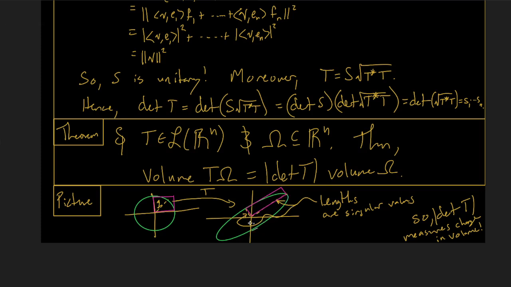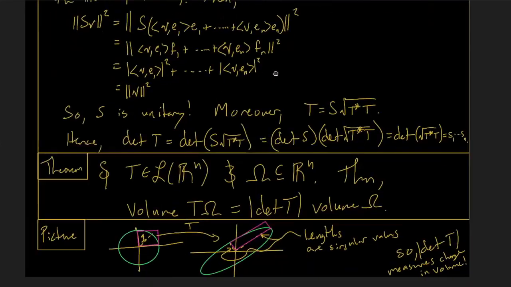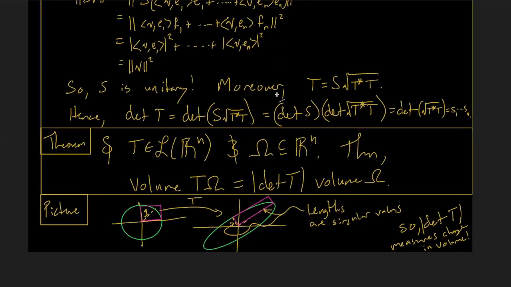Well, it's the product of these axis lengths, the product of the singular values. So map the box over. How does its volume change? It changes according to the product of the singular values, which is the absolute value of the determinant. Cool. Pretty neat.